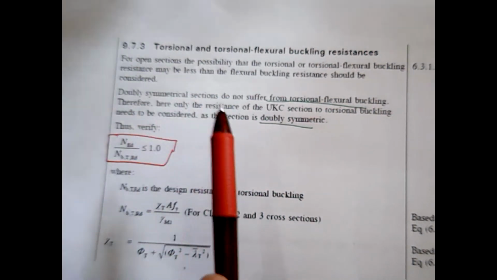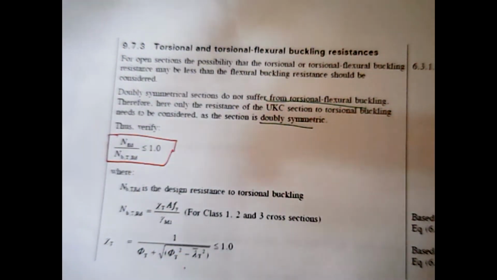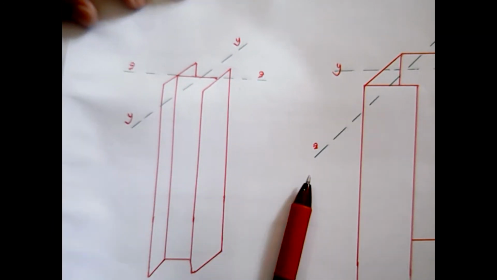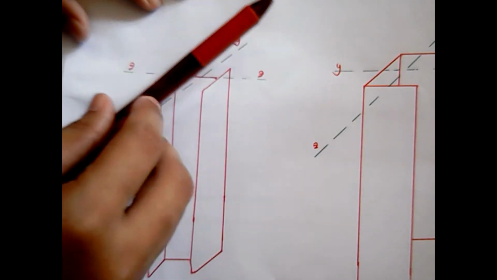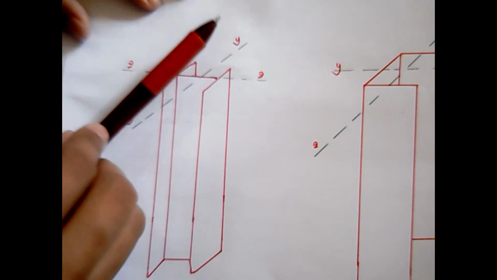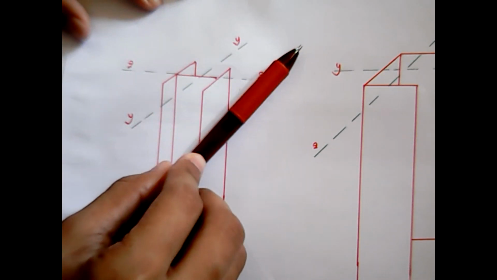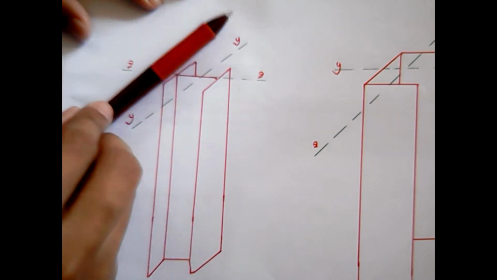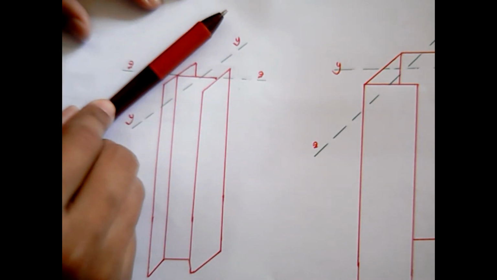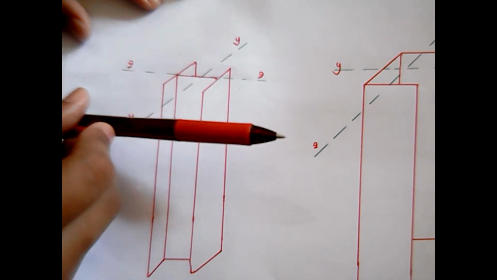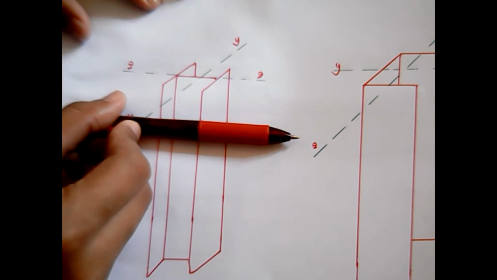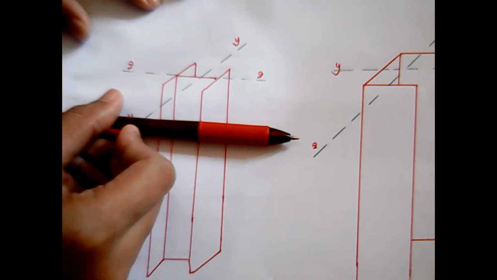In our case, we have a doubly symmetrical cross-section. Why do we call it doubly symmetric? Because if you look at the y-axis, here and here, if we mirror them, they are the same length, sections, and so on. And if we mirror in terms of the z-axis, here and here, they are also mirrored and symmetric.